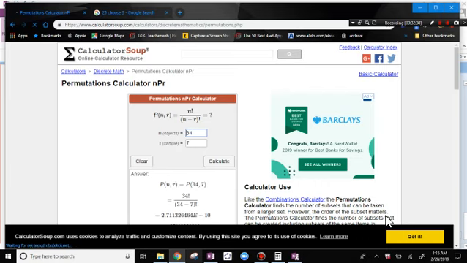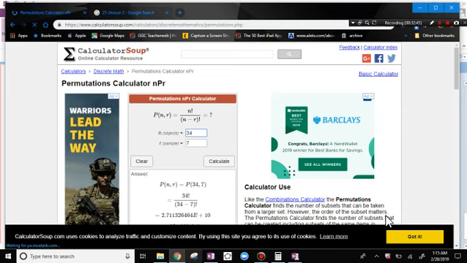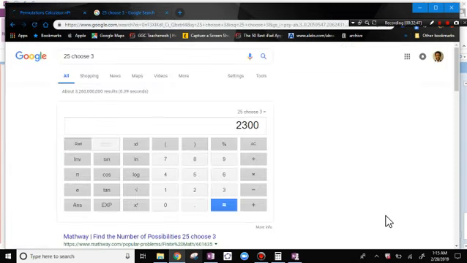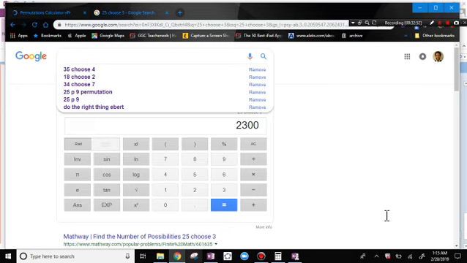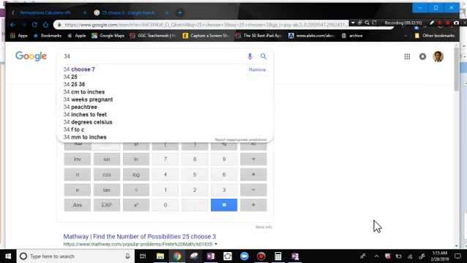Oh, actually, I don't care about the order. It's C. When you win the lottery, you don't care about the order in which the numbers come out. So it's 34 choose 7.